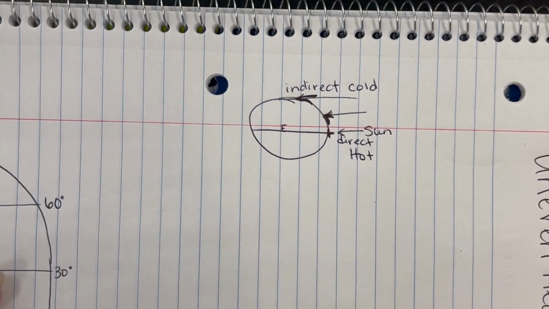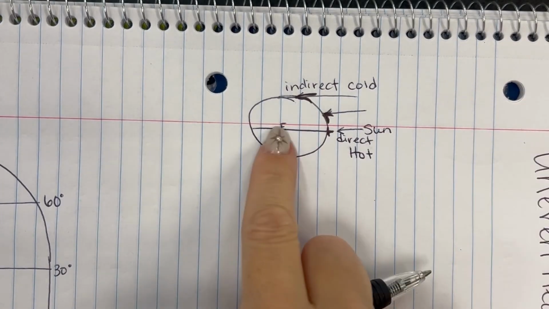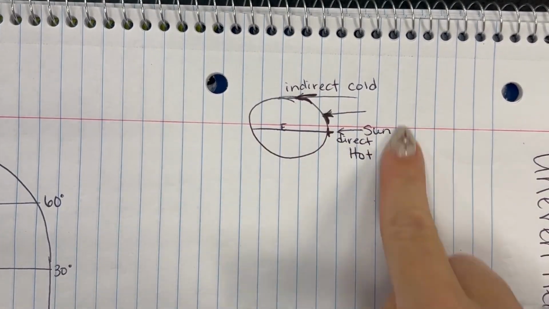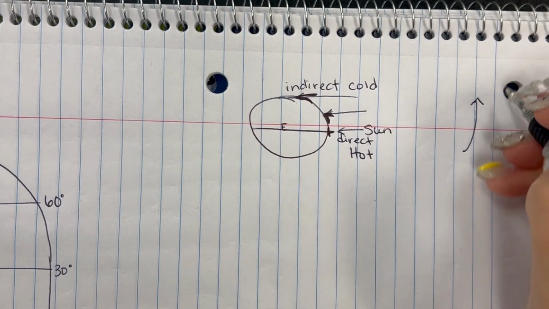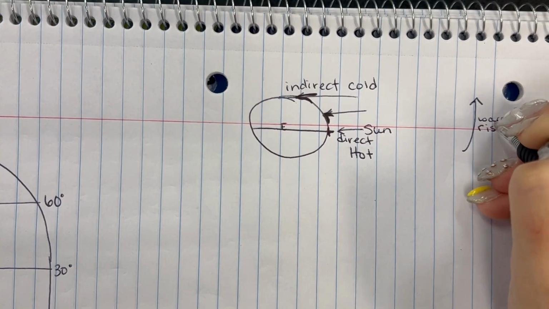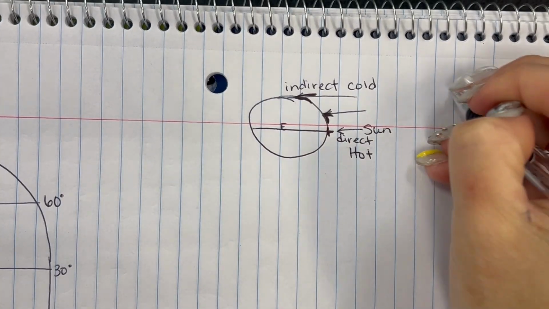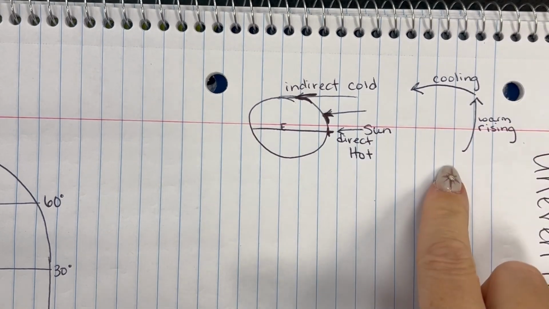Fantastic. Now, the next thing that we're going to review is convection. So this is the uneven heating. Here is convection. We have rising, this is our warm rising air. Then we have our cooling arrow. So hot air rises.